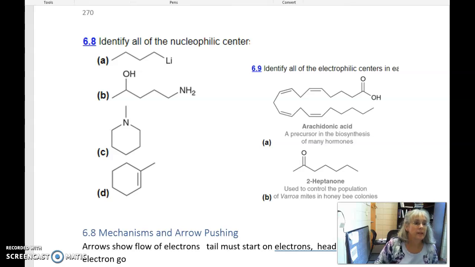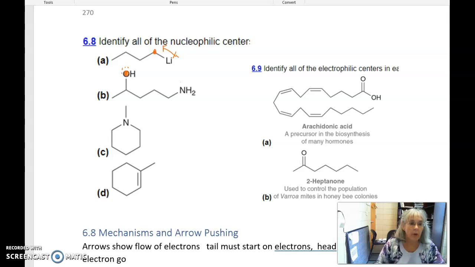Okay, so on this first one, the only thing really of interest here is we've got this lithium, and we know it's not going to be very electronegative, so we're going to get a negative charge around this carbon. We've got lone pairs here on this oxygen, and so that's going to be a nucleophile.